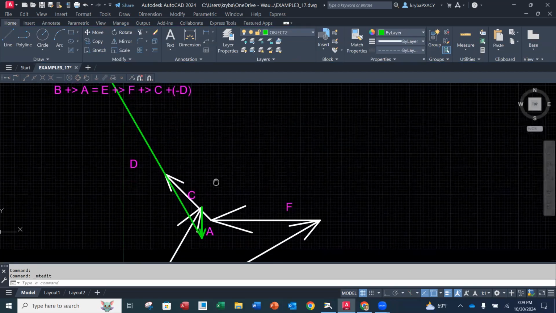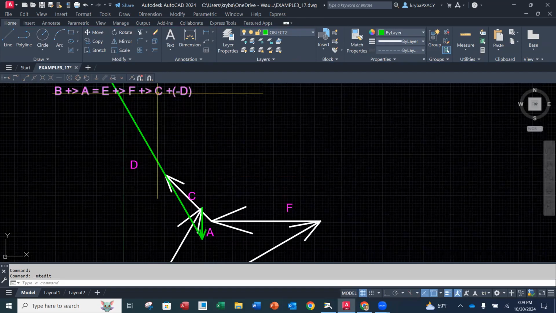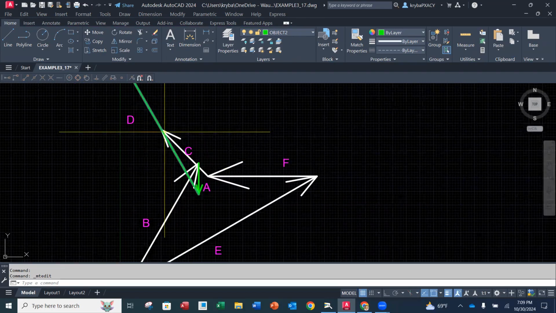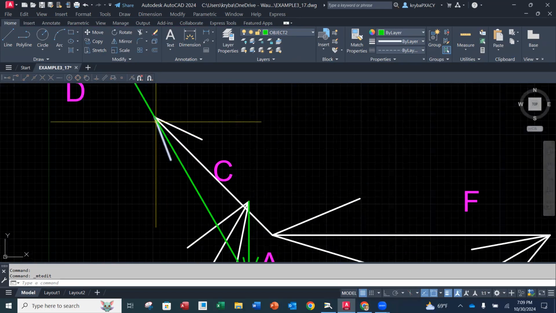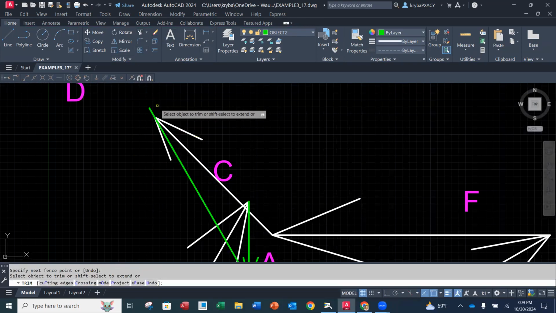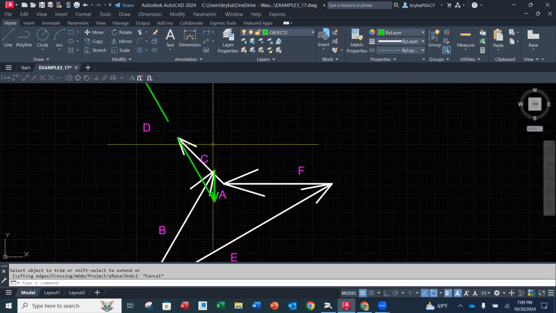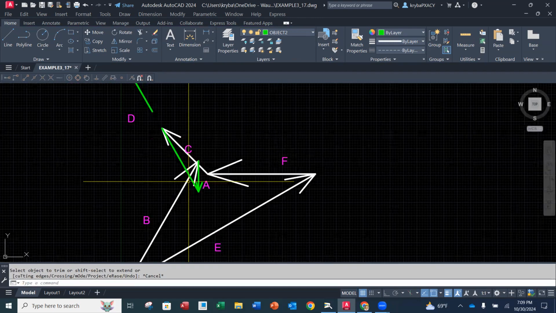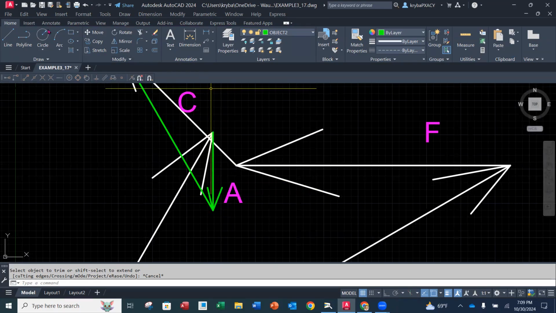So that means that at the end of C, we are going to put the tail of D, okay? So at the end of C here, do you see how the tail would be here? So we're going to trim away this side, okay? And that means that it is then going to point towards A. So we would have the line.